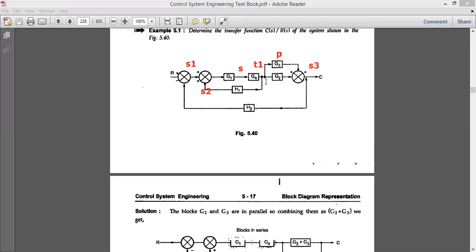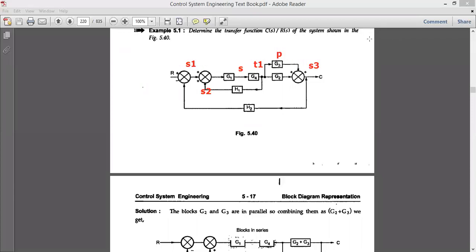The point leading to G3 is not a takeoff point; it is the parallel connection for block G2. H2 is applied to the first summing point and the last summing point, S1 and S3. Be very careful with the sign at the summing point; sometimes it is both plus, sometimes minus, or a combination of plus and minus. In this way we have identified the basics of the block diagram.